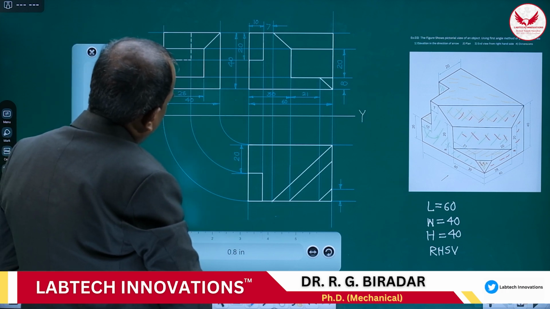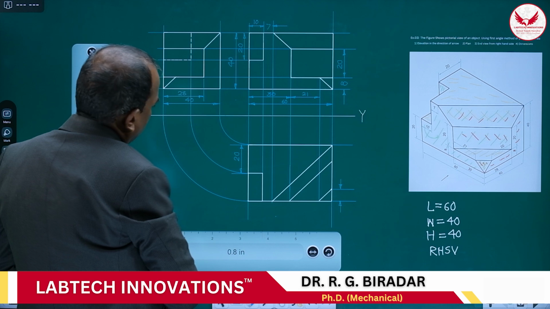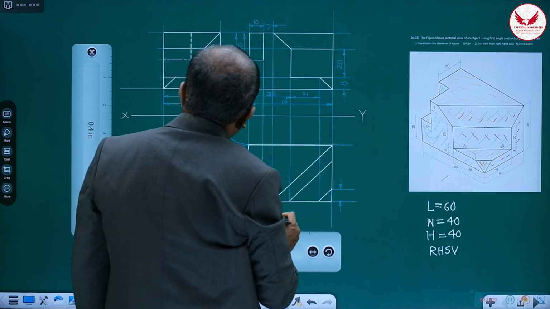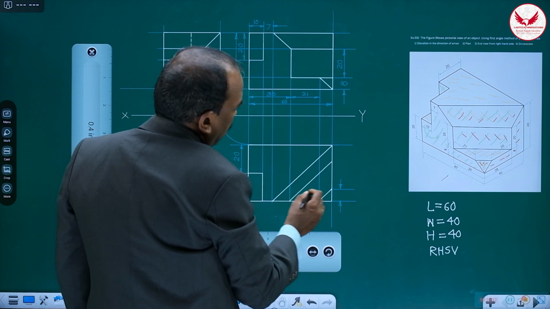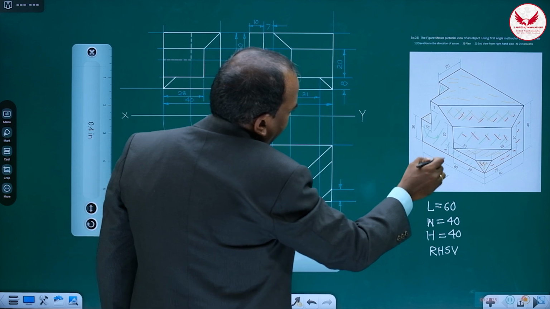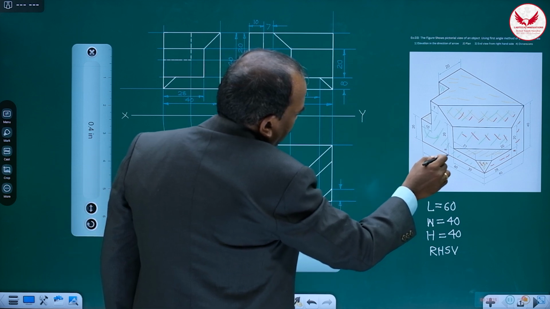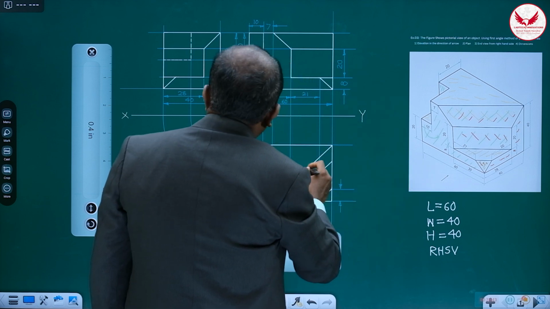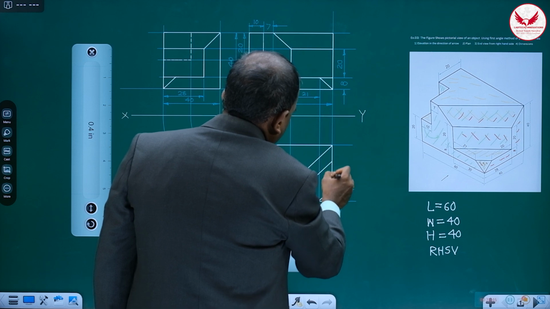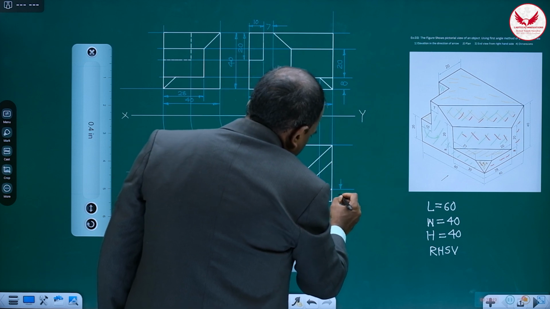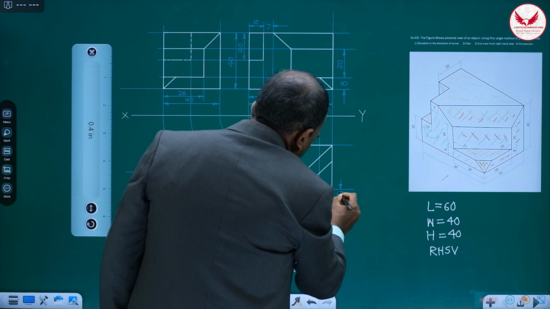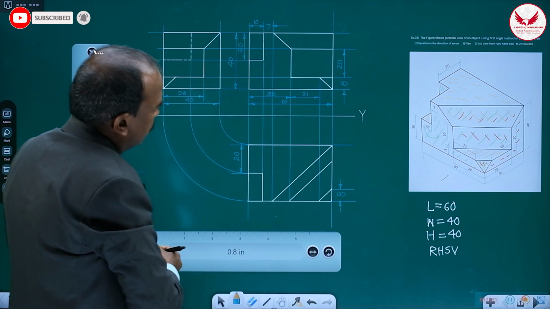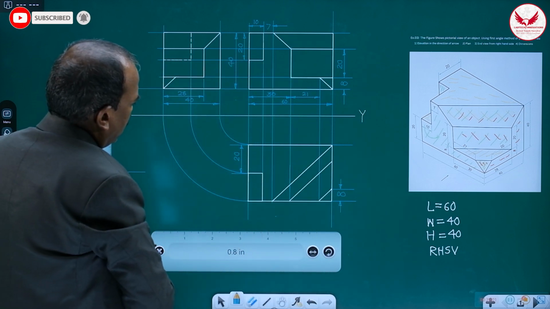So it is 40, it is 28, and whatever this portion is there, it is 12, then 20, 12, after that 12, it is 20, hence it is 8. It is 8.